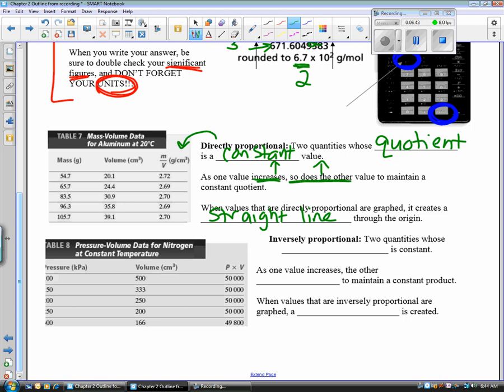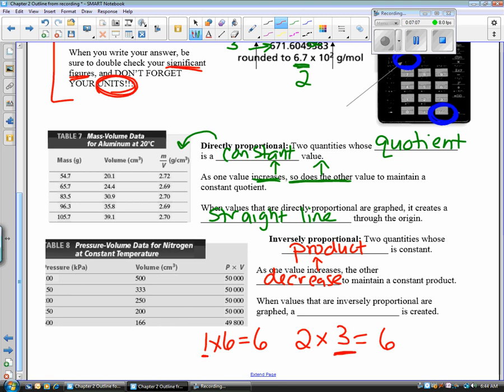right through the origin. Inversely, on the other hand, is when the product is constant. So as one value increases, the other has to decrease. When you think about it, you have 1 times 6 equals 6, right? Well, 2 times something equals 6. What's 2 times 3?